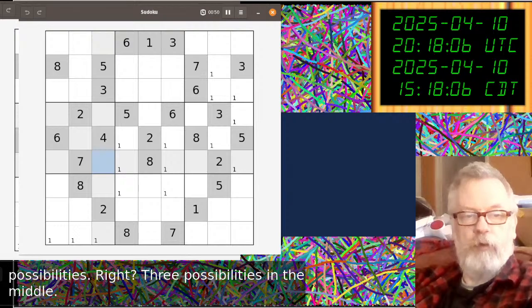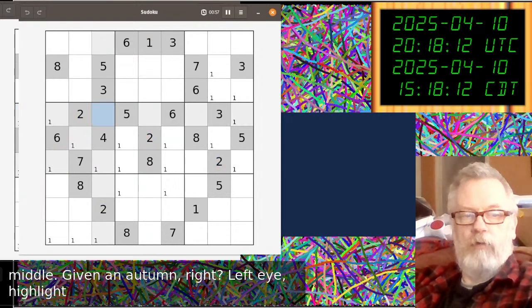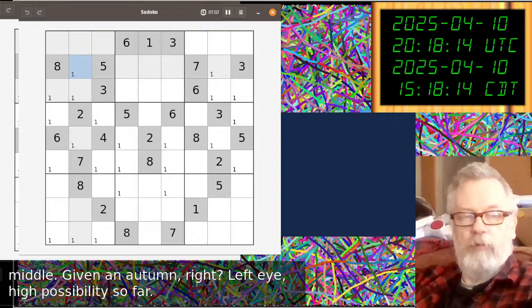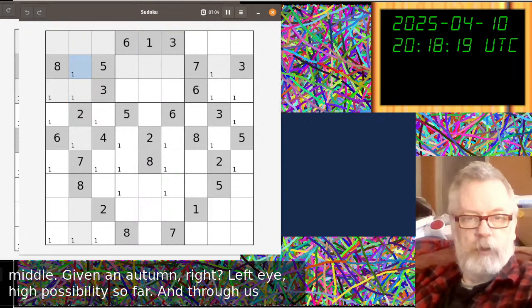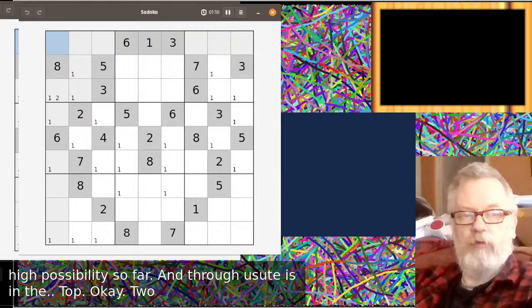In the middle left, I've got 5 possibilities so far, and 3 possibilities in the top left.